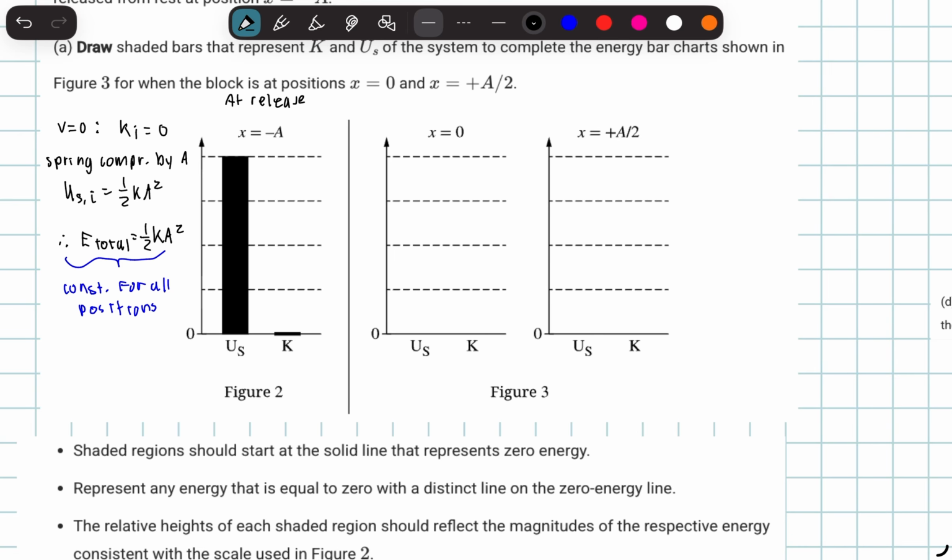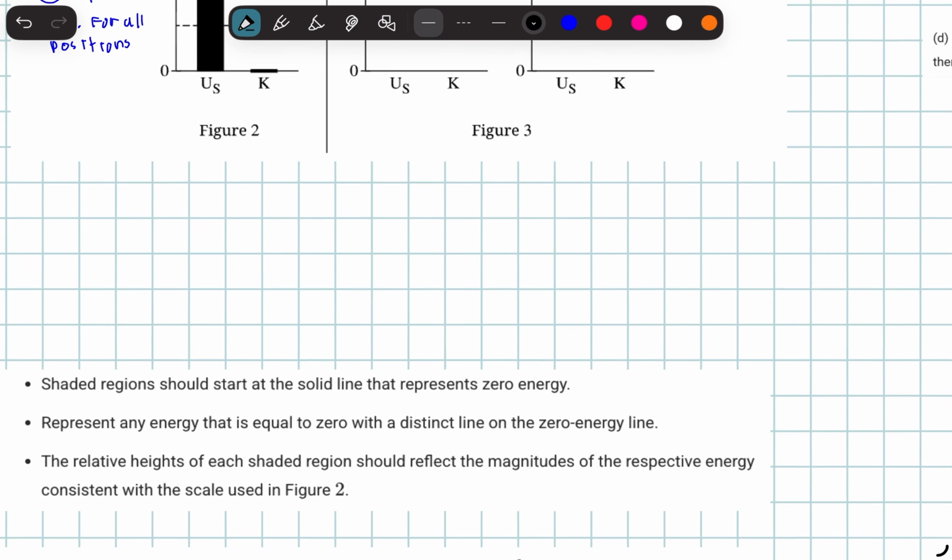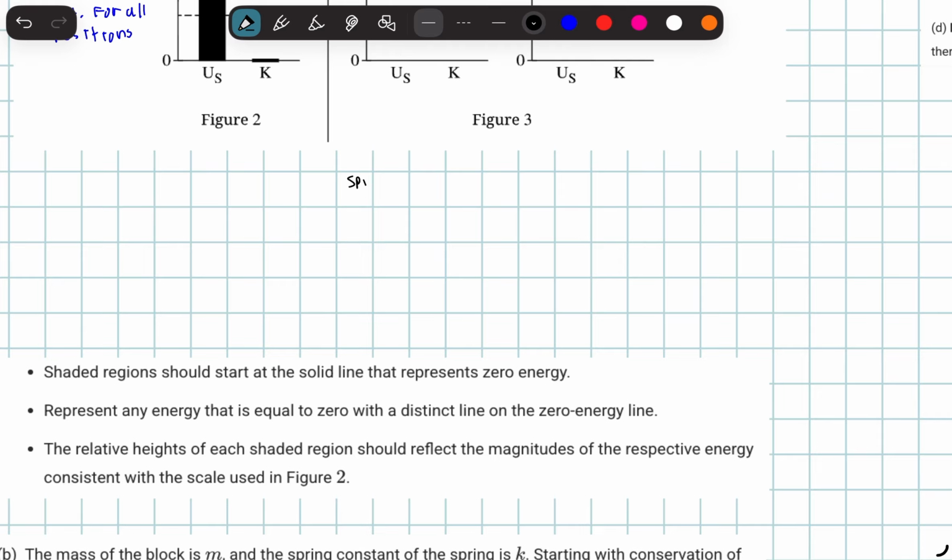So now at x is equal to 0, when the spring is unstretched, we have U_s is equal to 1/2 K times 0 squared, which is equal to 0. If we use energy conservation, then we know that K is equal to the total energy, which is equal to 1/2 KA squared.